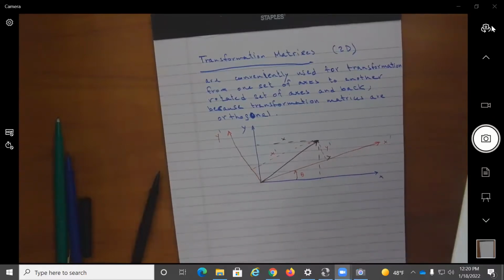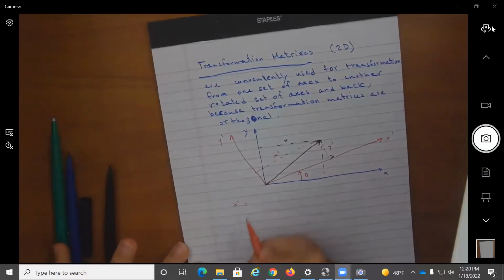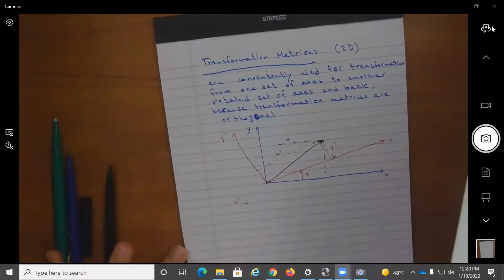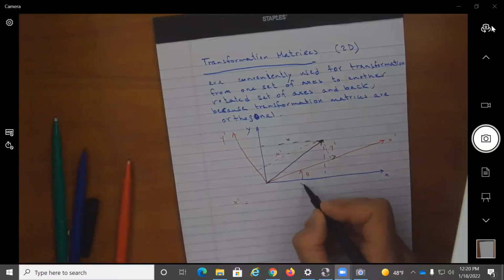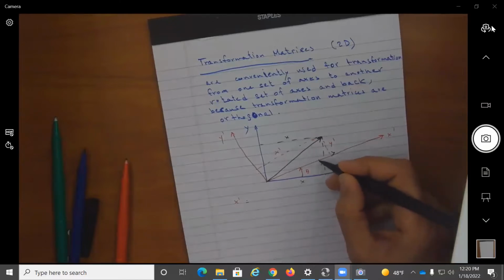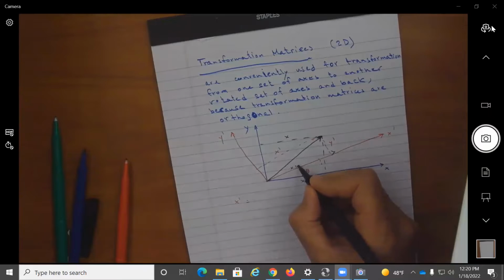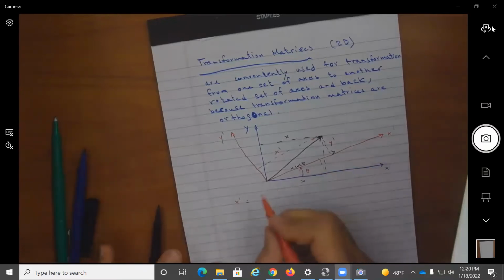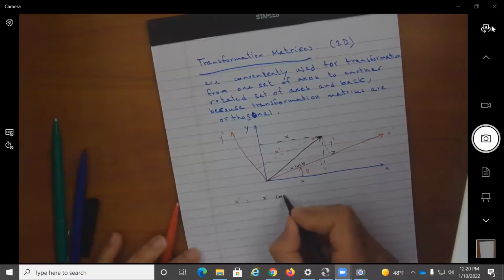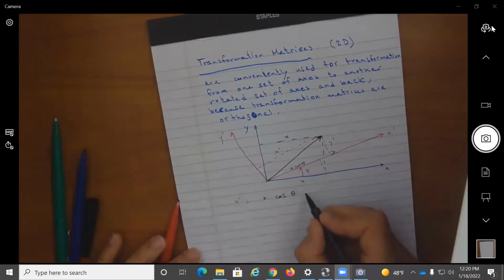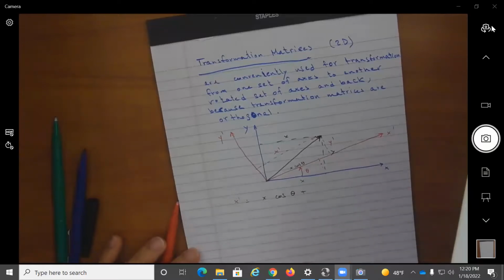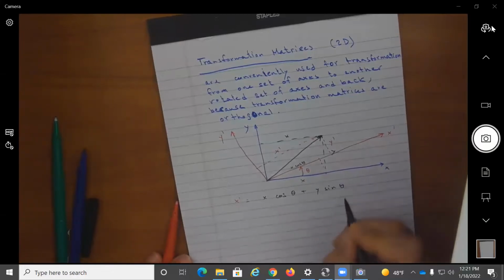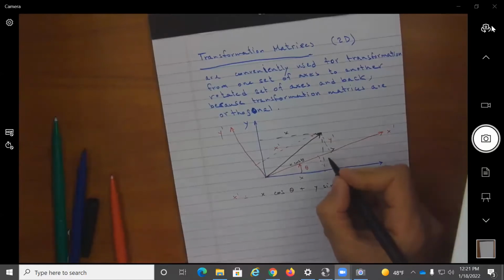Now we can use the geometry to show that X prime is equal to X cosine theta plus Y sine theta. So if this is X, if I go perpendicular here, this would be X cosine theta.